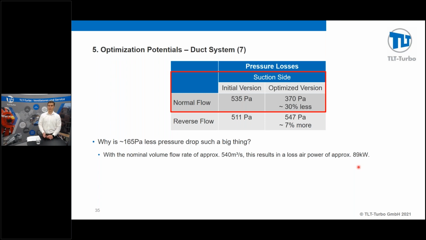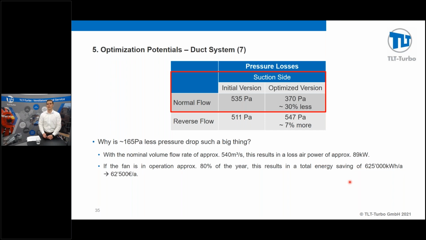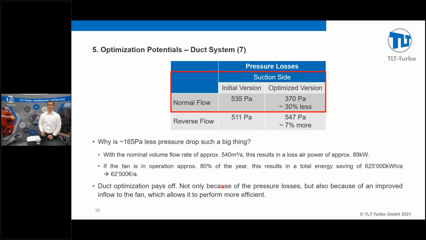And if you then would say, okay, the fan is running 80% of the time in a year, that would result in an energy saving of, in our case here, more than 600,000 kilowatt hours per year. I do not know what you pay for your kilowatt hour, but I think it can be something then about 60,000 euros or dollars per year, which could have been saved or were saved here through this optimization.